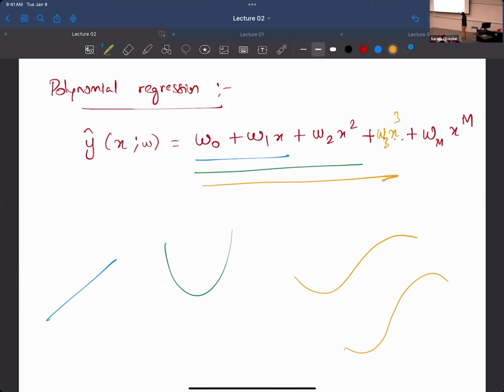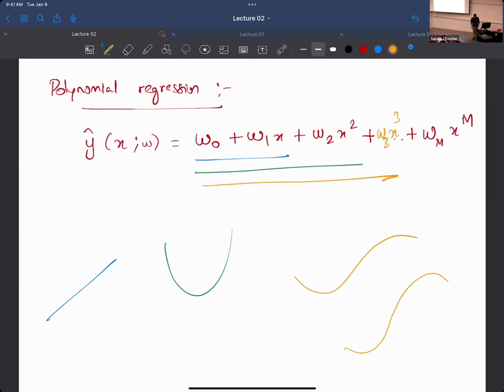In this case, you have one turning point, so this is actually degree 2. Here you have 2 turning points, so it's degree 3. The number of turning points in the function is roughly the degree minus 1. All I mean to say here is the more degree I add, the more complex my function is going to look.